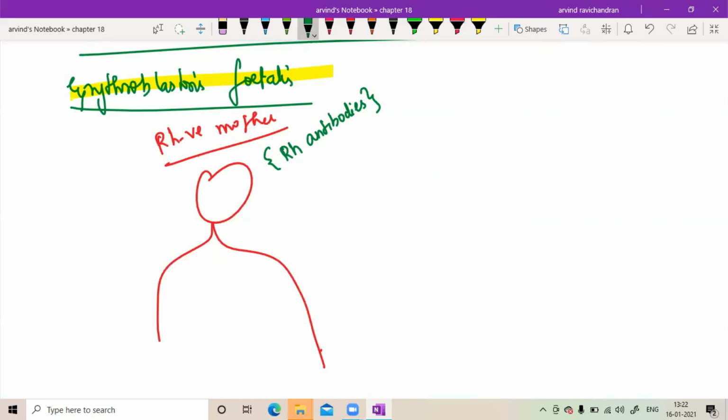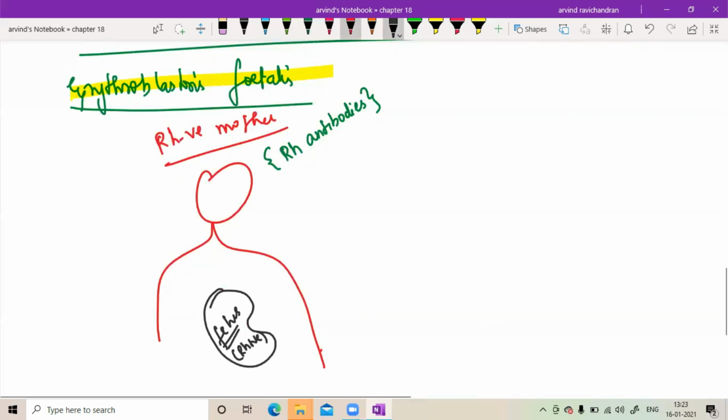Okay. So there is an Rh negative mother, and imagine that the fetus developing is Rh positive. Let us say the Rh factor has come from the fetus's father, so the fetus is becoming Rh positive. Now, these antibodies in the mother cannot get into the fetus, right?